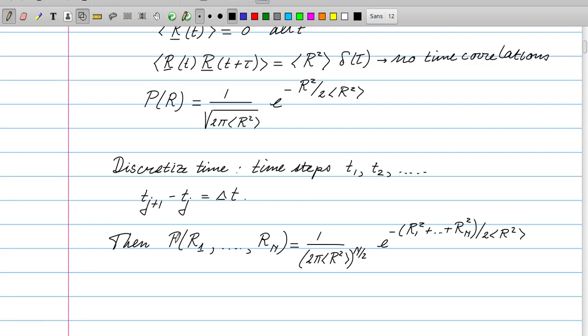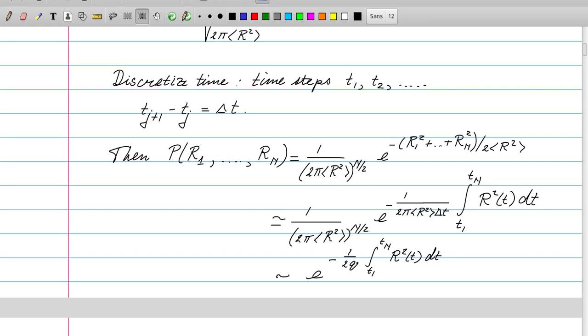The probability density for having a random force R1 at time t1, R2 at time t2, etc. is given by this expression, which is a Gaussian expression, and the fact that the forces are uncorrelated at subsequent time steps just causes this probability to be the product of the individual Gaussian probabilities. We can then return to the continuum notation. We have a sum over R's at subsequent time steps.